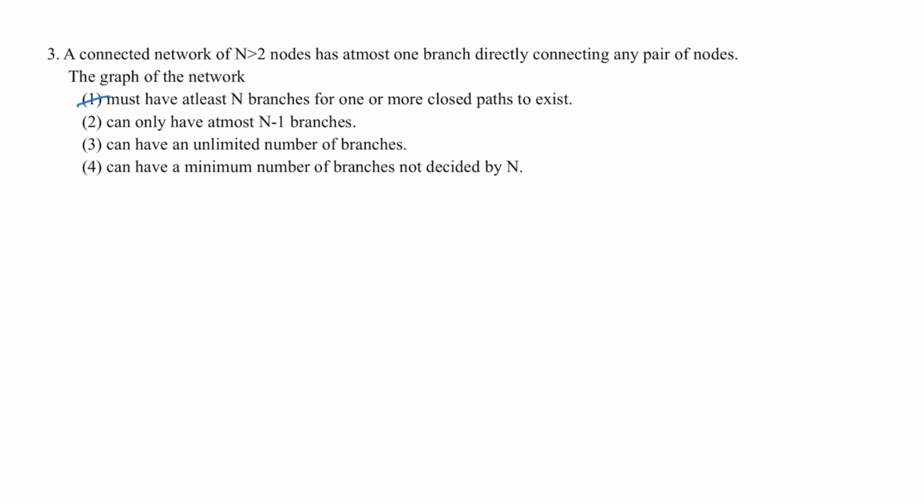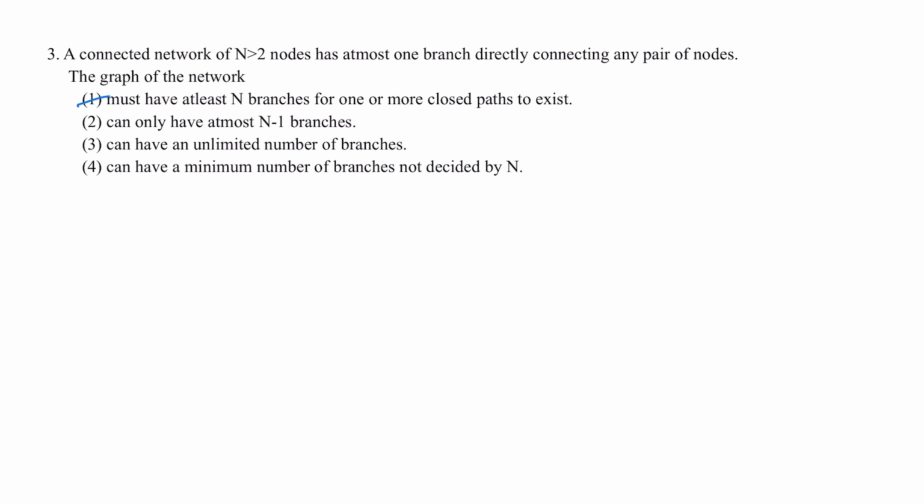On the other hand, if a graph contains at least two separate parts, then it is said to be an unconnected graph. So we know the definitions of connected graphs and unconnected graphs. In a connected graph of n greater than two nodes, there is at most one branch directly connecting any pair of nodes. The graph of the network must have at least n branches for one or more closed paths to exist.